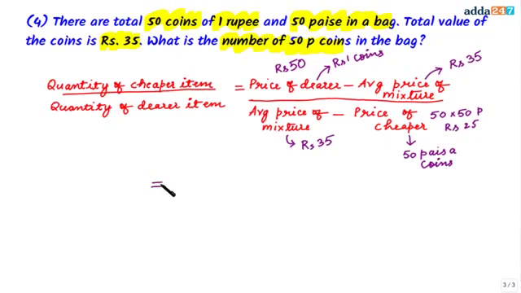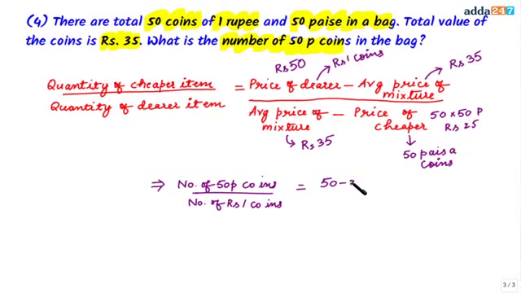So this implies quantity of cheaper item, that is number of 50 paisa coins, over quantity of dearer item, that is number of rupee 1 coins, is equal to 50 minus 35 over 35 minus 25, that is 15 over 10, so that will be equal to 3 by 2.